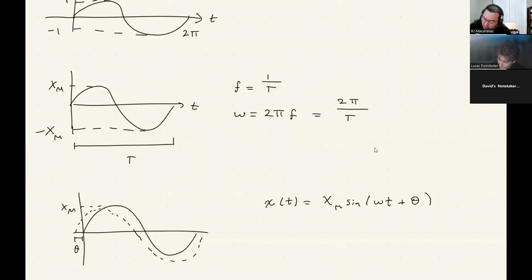And again, so that theta is how much phase is shifted, right? And for positive theta, this is happening before the regular sine wave, right? If theta was negative, maybe over here, then it's happening after, and we say that that x of t is lagging the regular sine function.